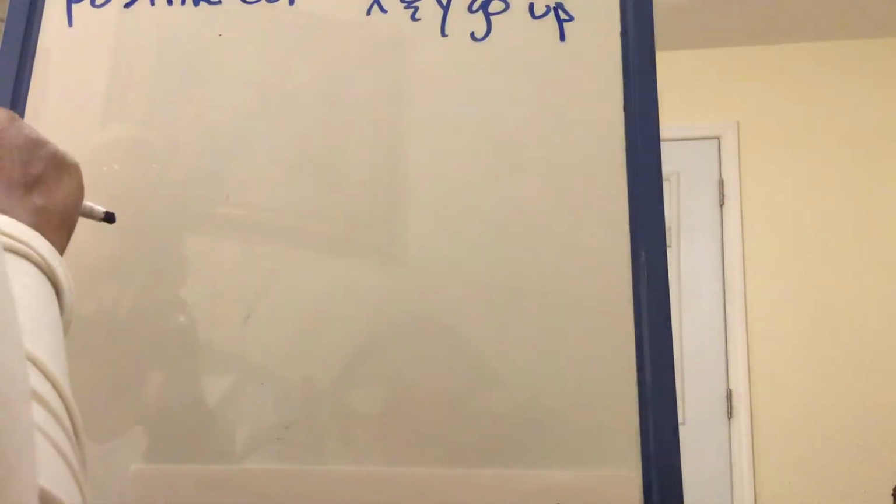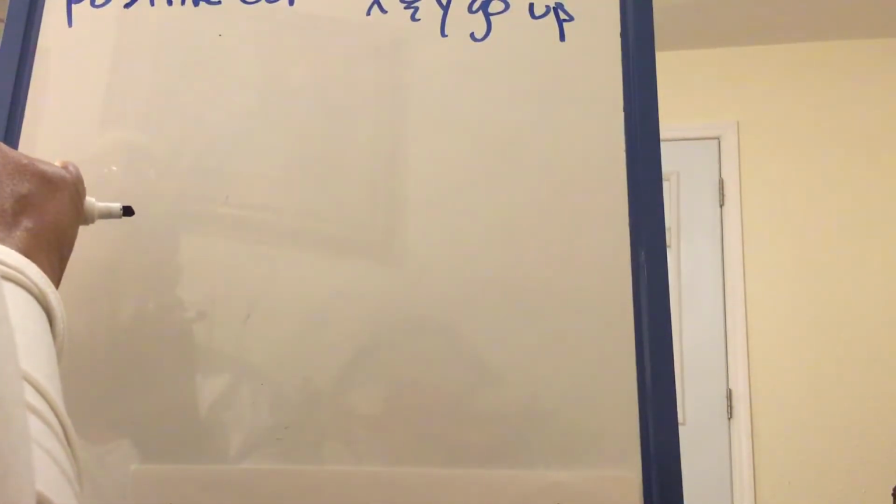A positive correlation is when both x and y go up. So they both improve. Okay? They both go up.